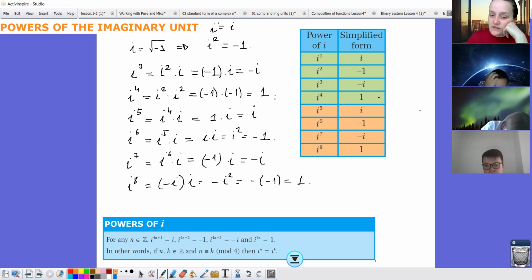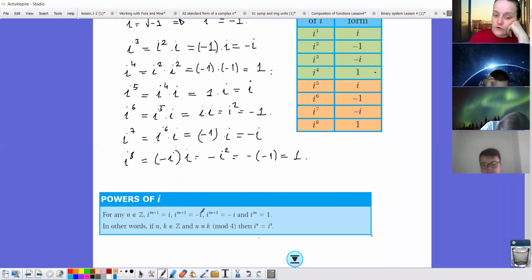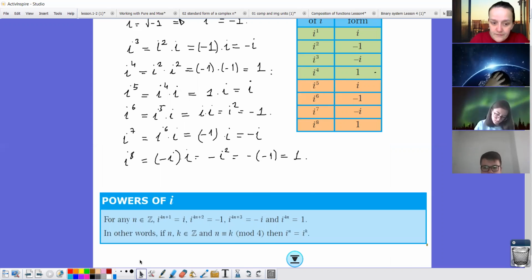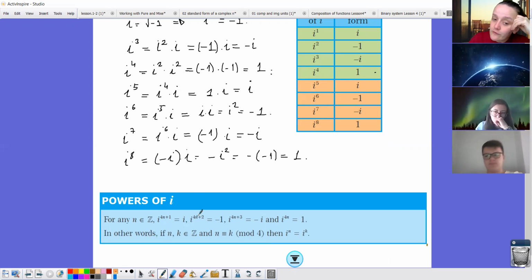So there is a formula about it. Not a formula, but a rule. For any integer n, i to the power of 4n plus 1 is equal to i, i to the power of 4n plus 2 is equal to -1, i to the power of 4n plus 3 is equal to -i, and i to the power of 4n is equal to 1.